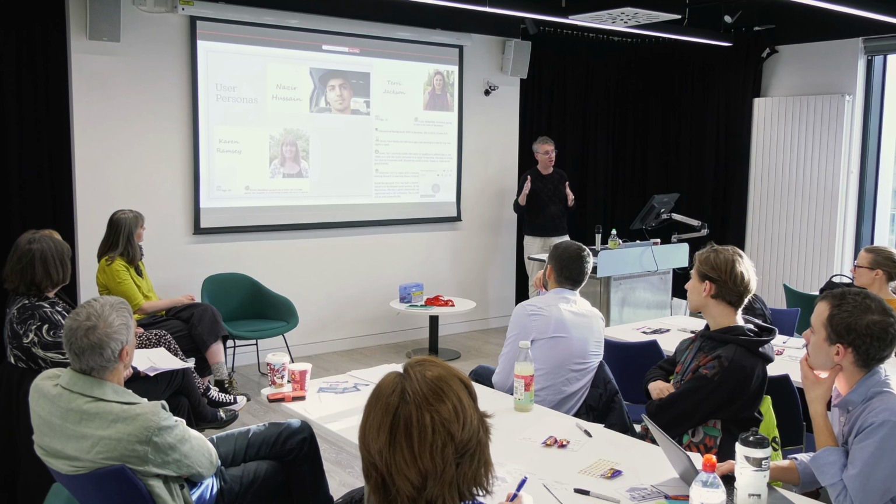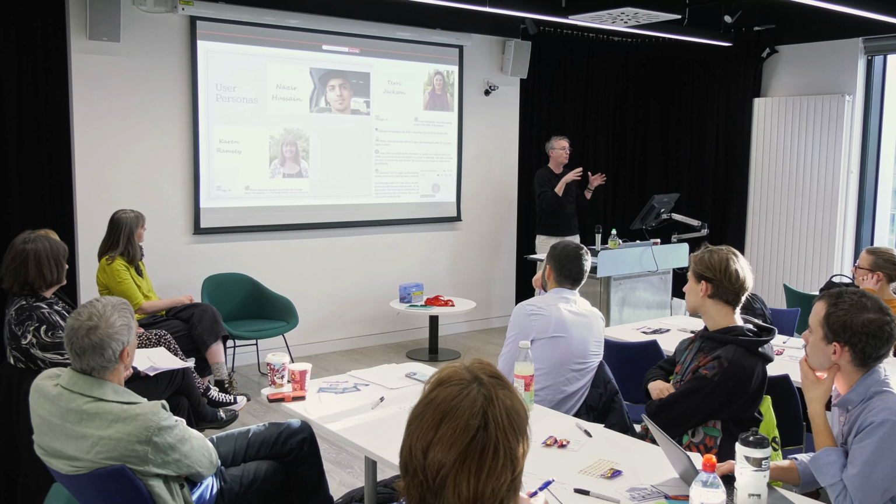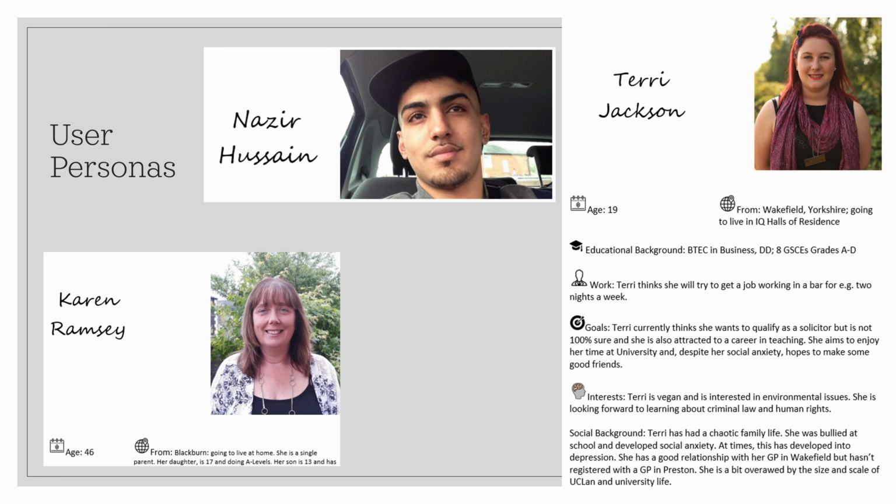For this project, we had about 180 students in our first year. We created 3 personas. These are fictional people. These don't really exist. We used stock photos, but we gave them a face, a name, a background, an age, an educational background, part-time work, what they wanted from their degree, what their outside interests were, what their social background was.